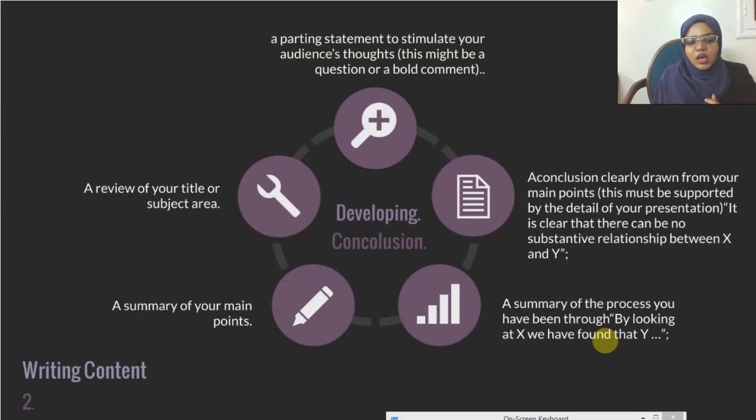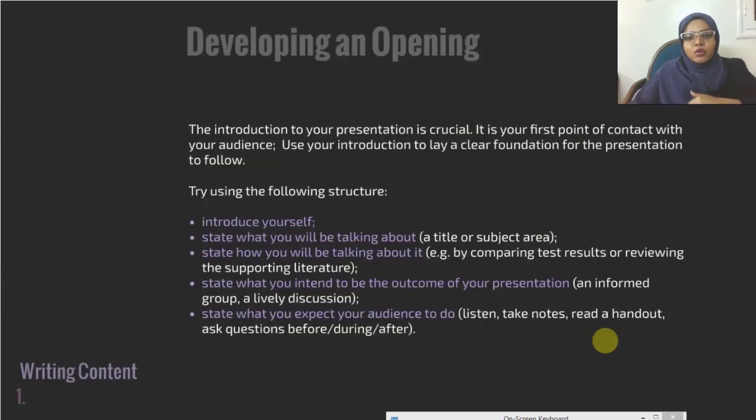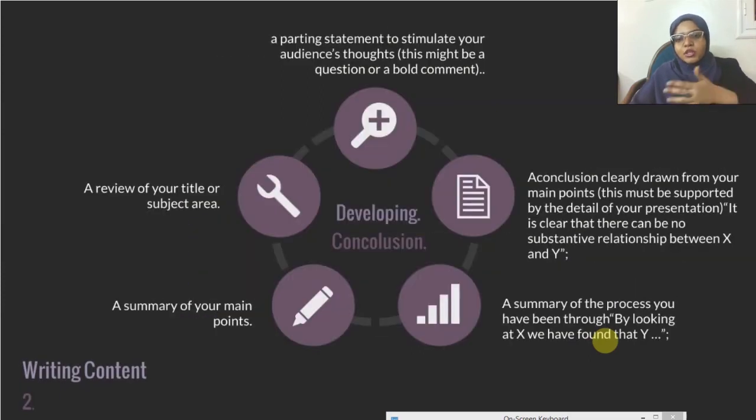Then we have the second part of writing the content: developing a conclusion. The reason why we have jumped over from developing an opening to developing a conclusion is that the main body of the presentation is specifically tailored to the subject you are delivering.